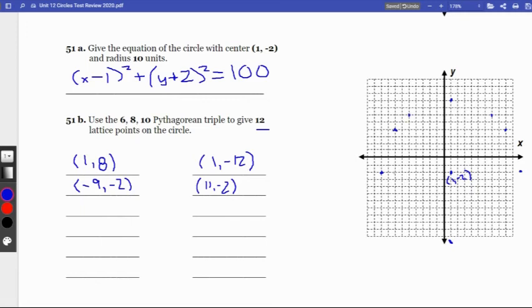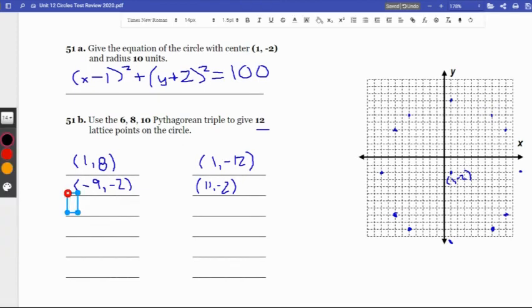Or I could go to the left by 8 and down 6. Or to the left 6 and down 8. Or finally, I could go to the right by 8 and down 2, 4, 6. Or to the right by 6 and down 8. When you take a look at that, if we're going to play connect the dots to create a circle, that's going to create a much more smooth circle than the way we had it before.